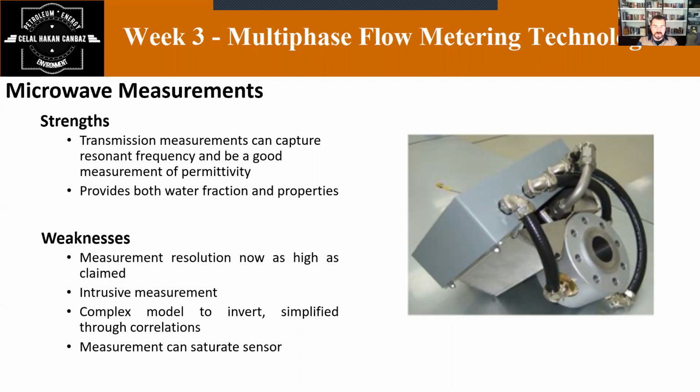So what we said: it's a complex model to invert, simplified through correlations, and the measurement can saturate sensors. When we compared all these measurement tools, we saw error percentages, some of which are higher than even separator results, and some of them lower, of course.